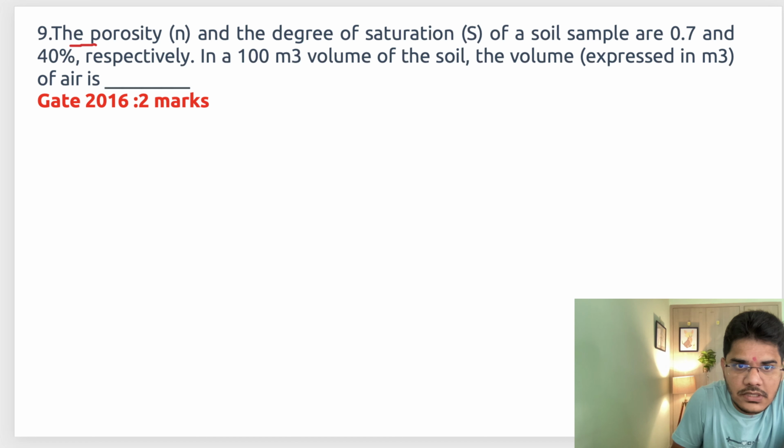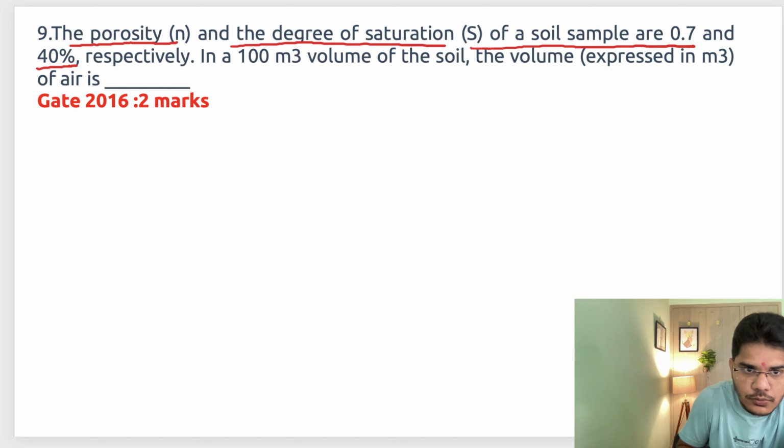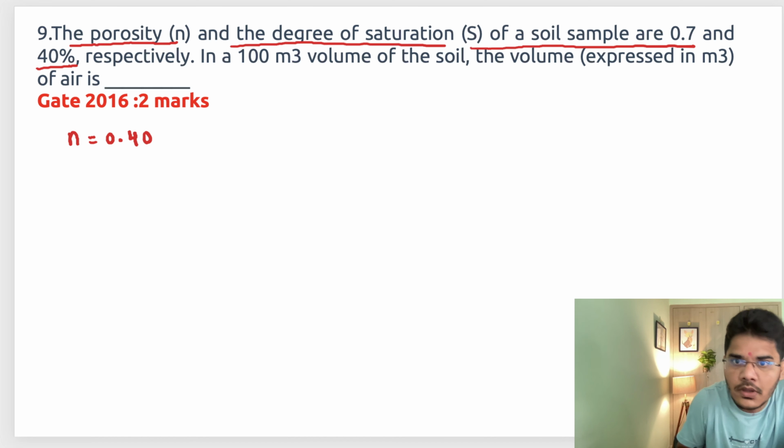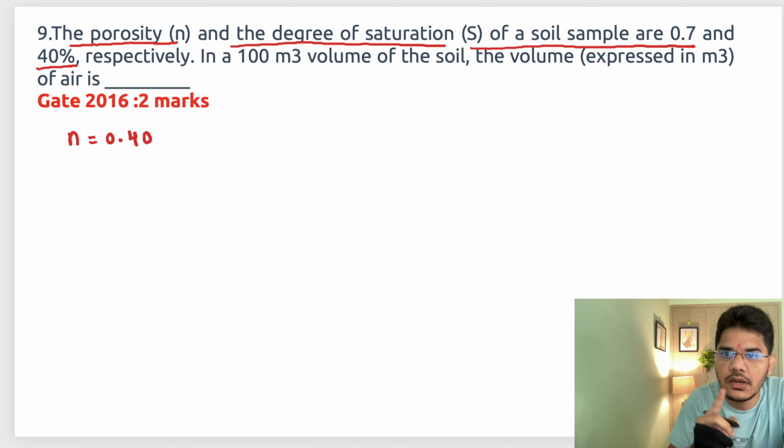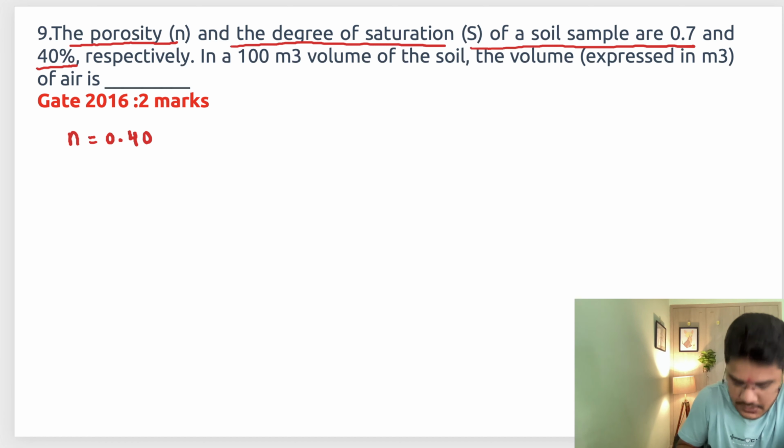The porosity and the degree of saturation of a soil sample are 0.7 and 40%. So porosity is given, and the degree of saturation is 40%, so S is equal to 0.40.